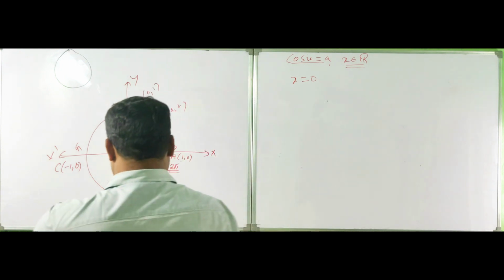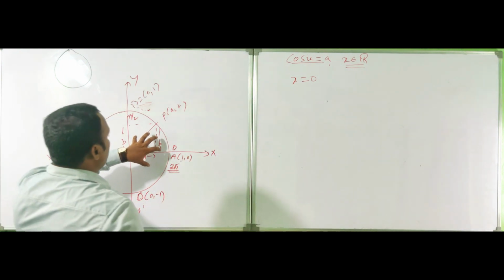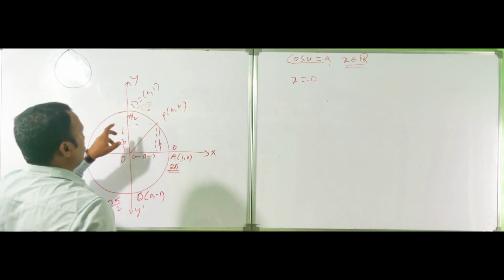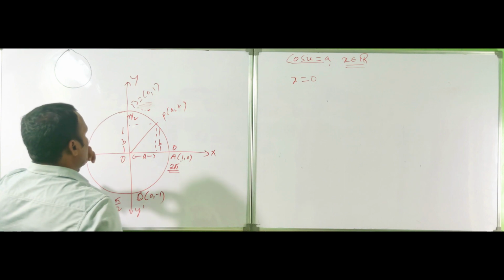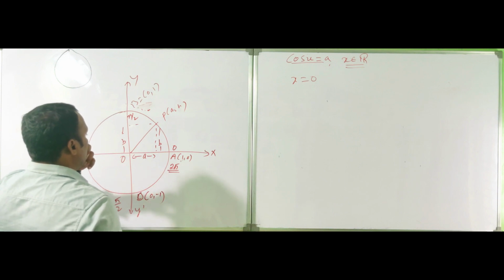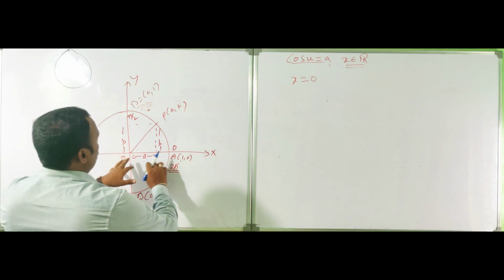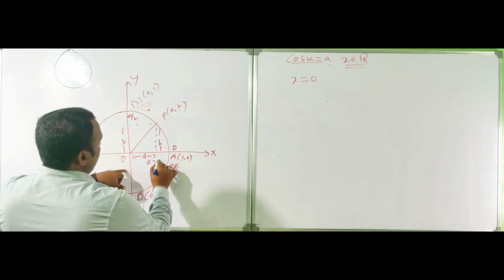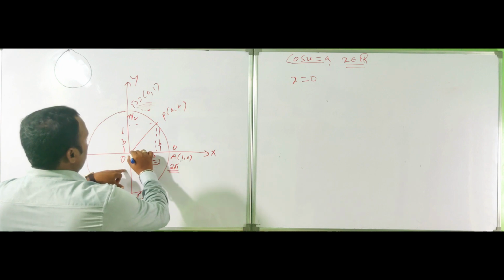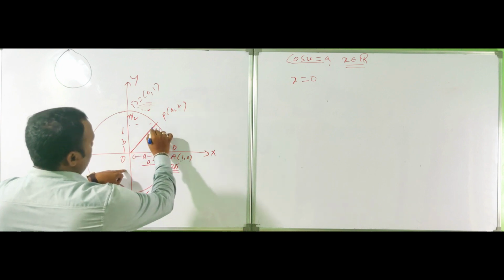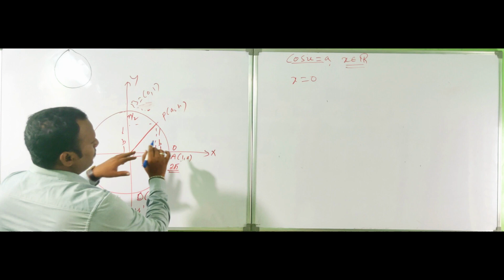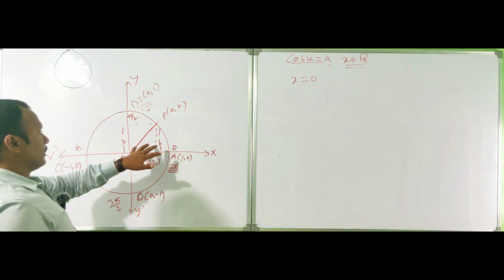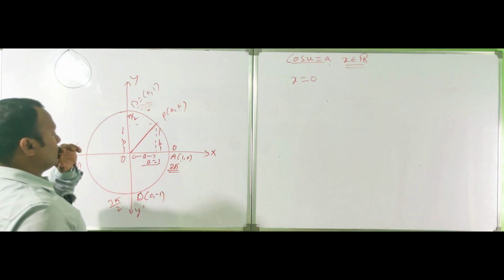For b you can do it this way. For a, see, a becomes 1, because it completely overlaps and syncs with this one.